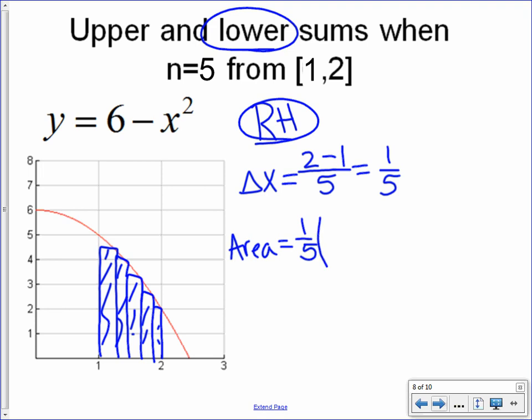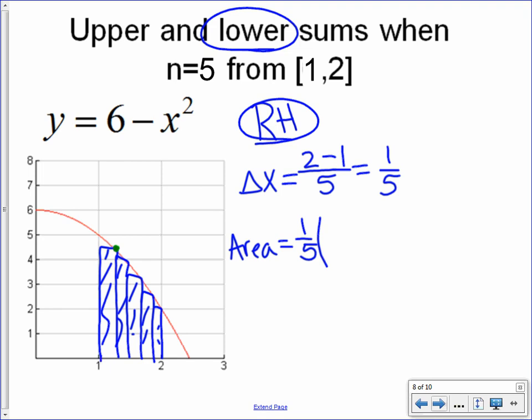So now we need the 5 different heights. If I want the height of this first rectangle, what are we going to plug into our function? 6/5. The first rectangle has the height when x is 6/5. So plug 6/5 into this and tell me what you get. Each of these has a width of 1/5, right?